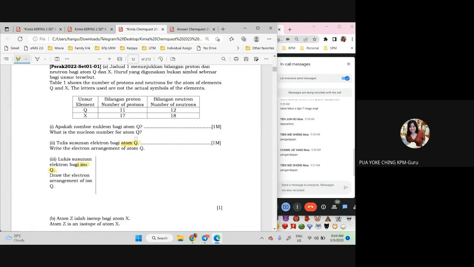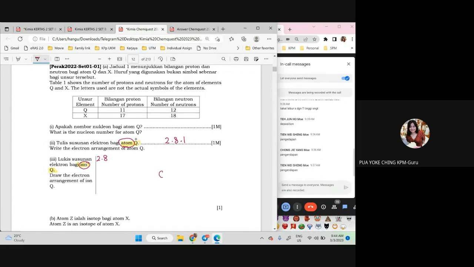So be careful with the terms. Kalau atom means it's still neutral. So Q is 2.8.1. Kalau ion, it must achieve stable octet. So it's 2.8.